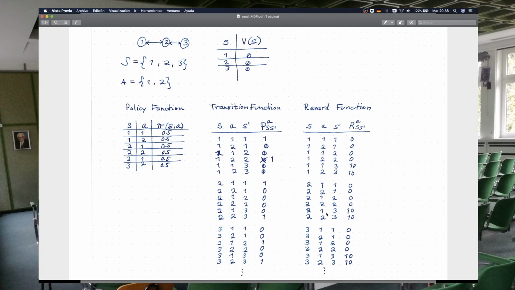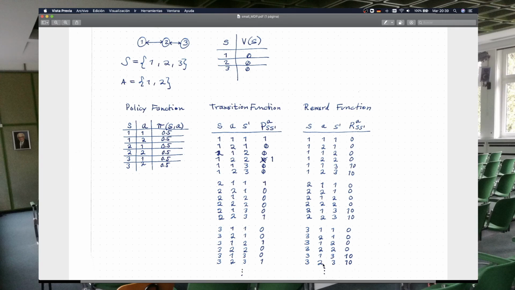So here we have again the situation that we will have 10 points in state 3. This one here is the only possible according to our transition function. Okay, so if we are in state 2 go right, then we will move into 3 and then we will get 10 points.